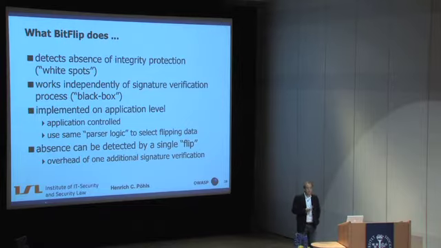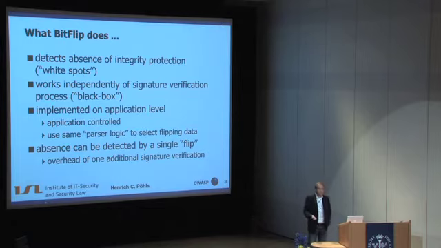It's implemented on the application level, so you do use the same parser logic to select the flipping data, and the application is in full control. And with the evil homer, it would be enough to flip a single bit or a single character to detect that in this string there is something not protected.